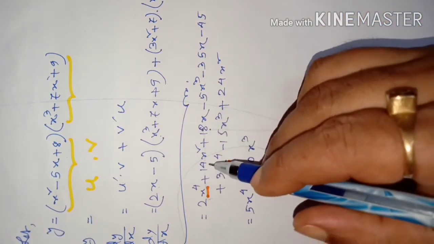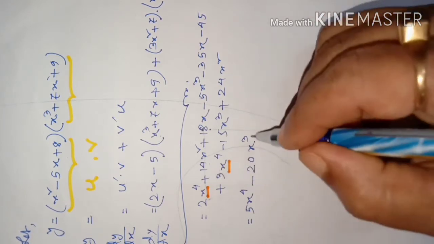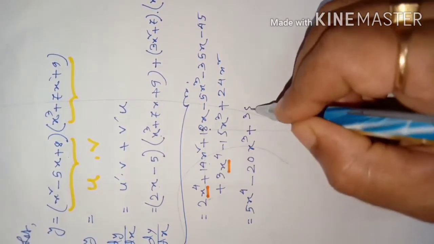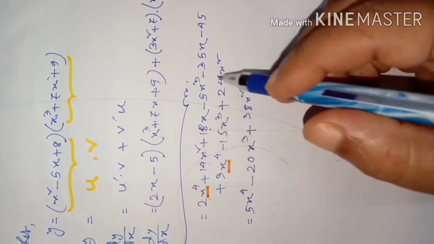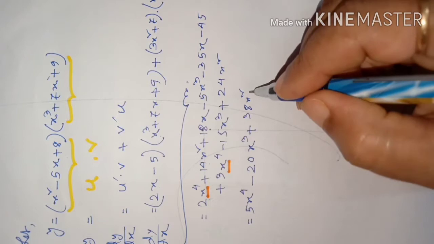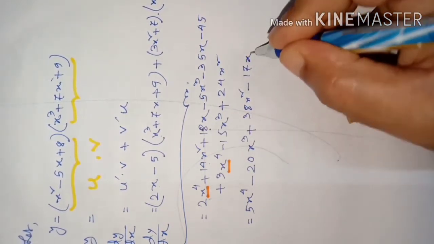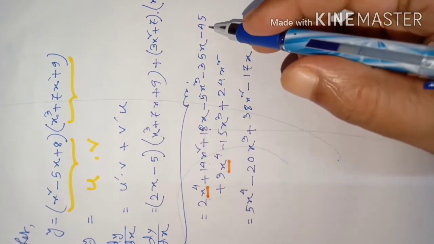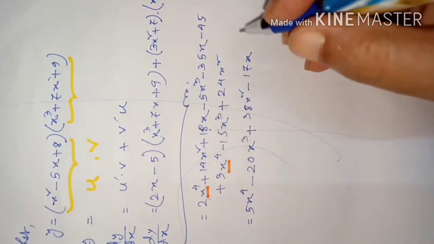Then x square, 14 times here, again 24 times here, that will be 38x square. Then 18x, and here minus 35x. Altogether it will be minus 17x. Then you have got minus 45 and nothing else.